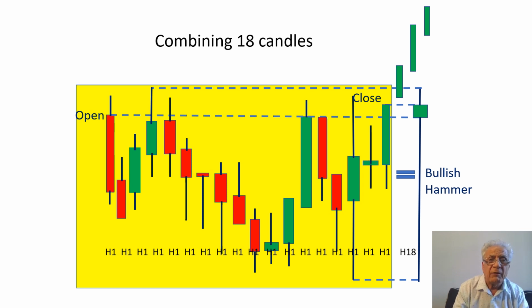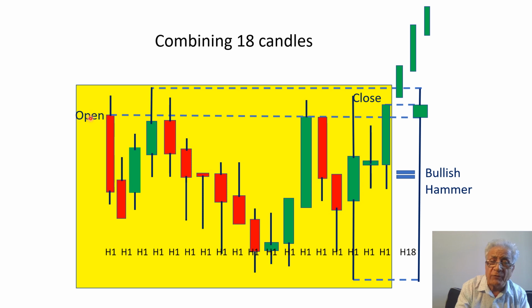Now here we have 18 candles that we can blend all of them and see the resultant. All these candles are in 1 hour time frame, and the resultant is going to be in 18-hour time frame. Now, the rule is the same.